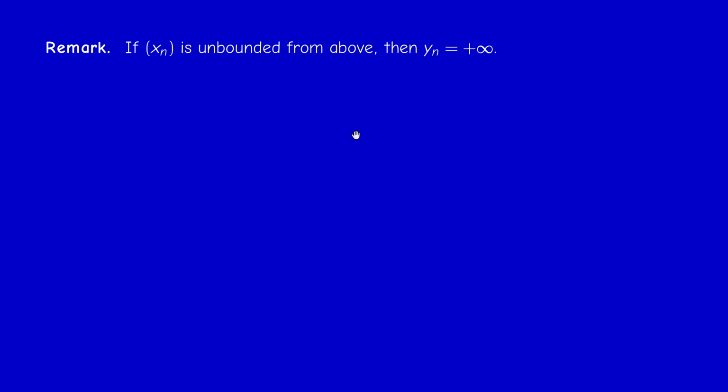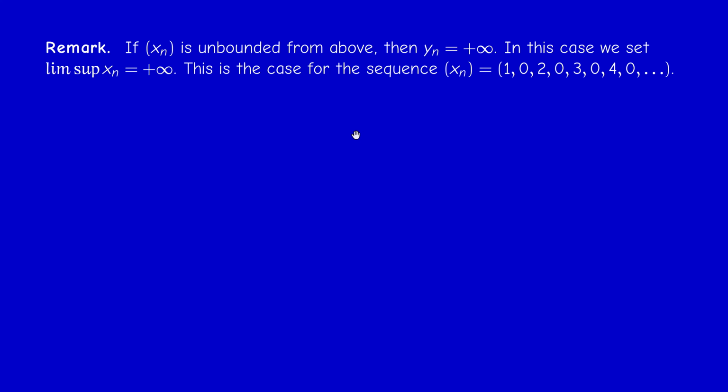And therefore, we may set limsup of xn equal plus infinity. This is the case with the sequence 1, 0, 2, 0, 3, 0, 4, etc. So y1 is actually plus infinity because the supremum of this set of integers is unbounded from above.